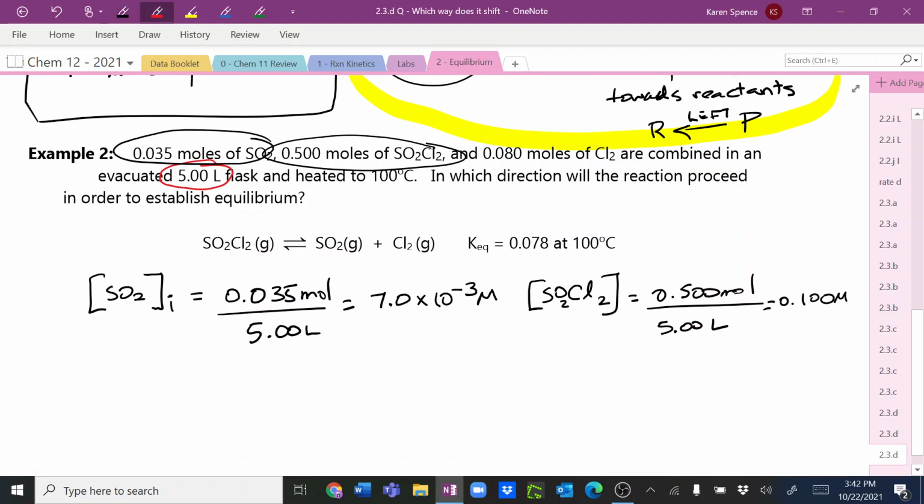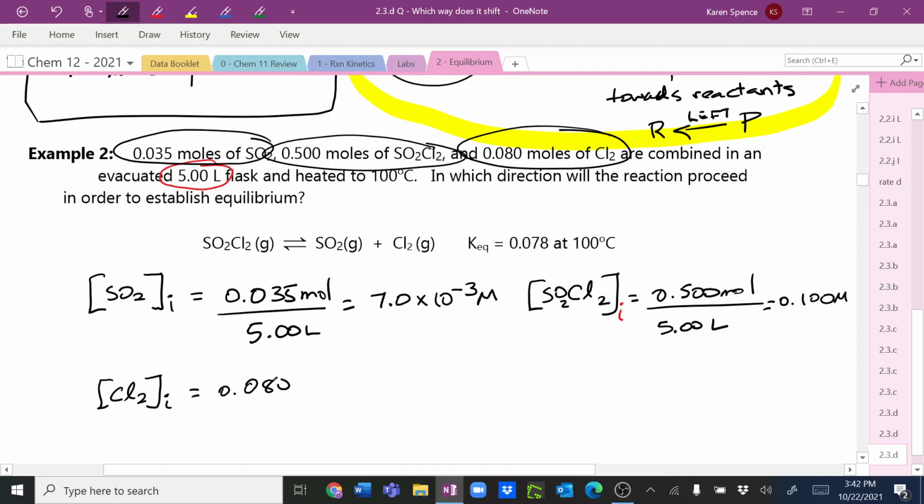And I should not forget that I am showing my calculation of my initial concentration of SO2Cl2. Finally, 0.080 moles of Cl2, so we're finding a concentration of Cl2 initially. 0.080 moles divided by 5.00 liters equals 0.08 divided by 5 equals 0.016 molar.